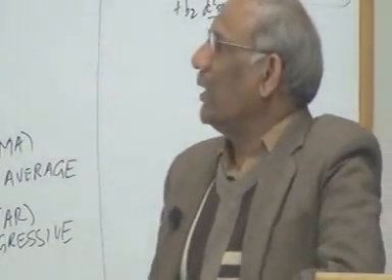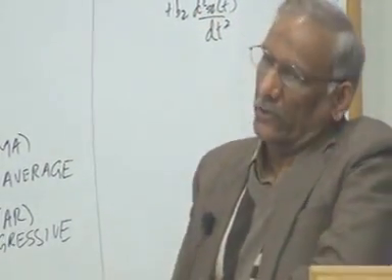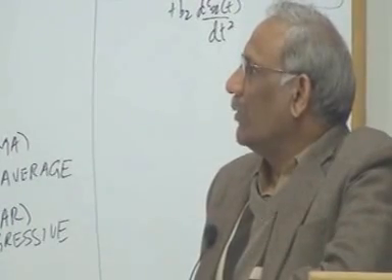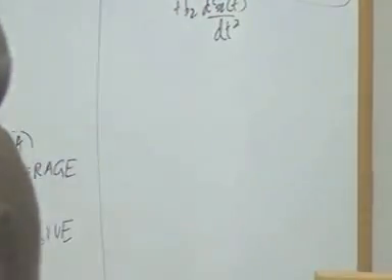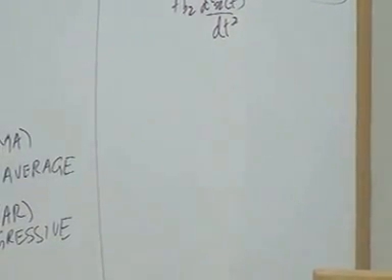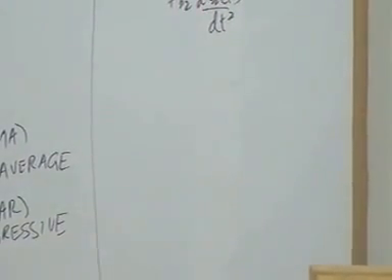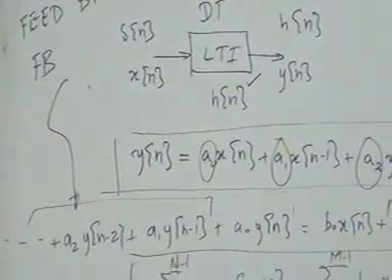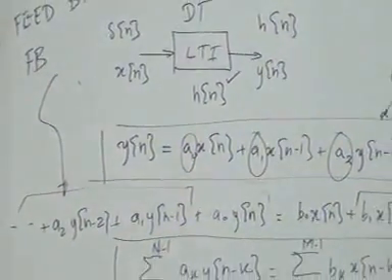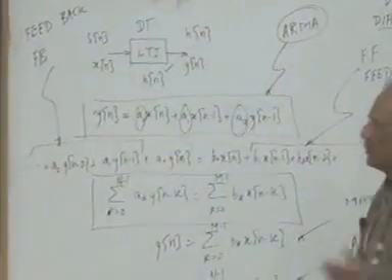Now let's come to properties. The first property is regarding stability. We already talked about this stability problem earlier. We said that a system given to us will be stable if its impulse response is absolutely summable. That is what we saw last time.